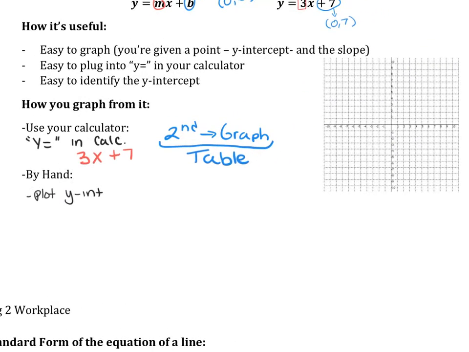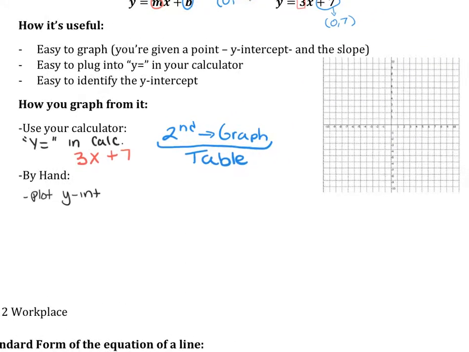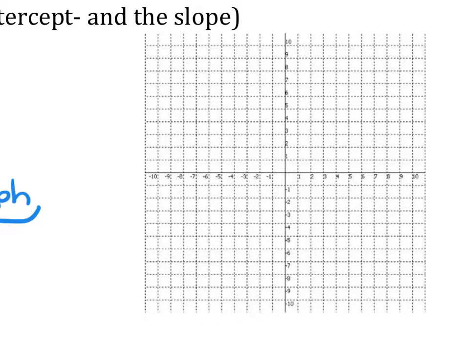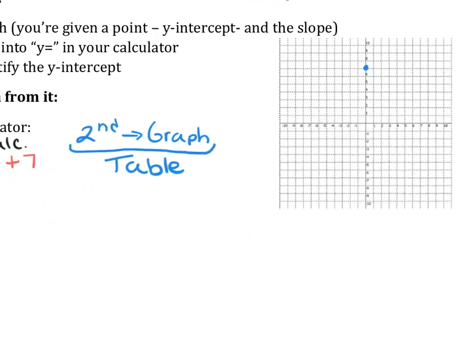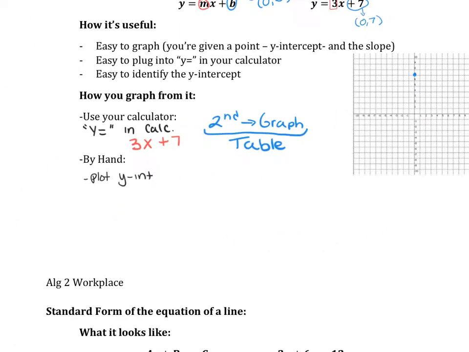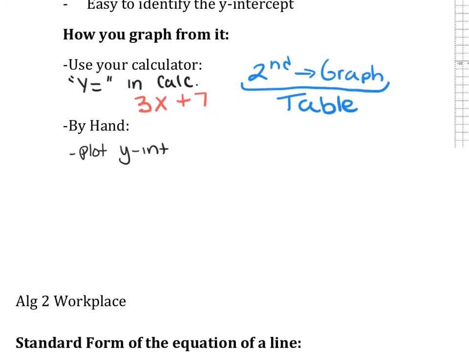So in this case, it's the point 0, 7. And then you'll use your slope, the rise over run, to find more points.